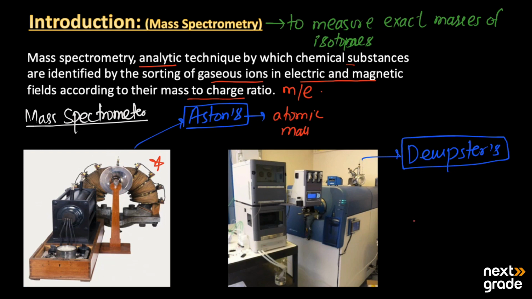Now we have the modern mass spectrometer, Dempster's, which has been designed for the identification of elements that are present in the solid state. This is the picture of Dempster's mass spectrometer.